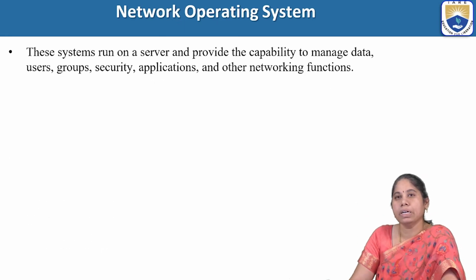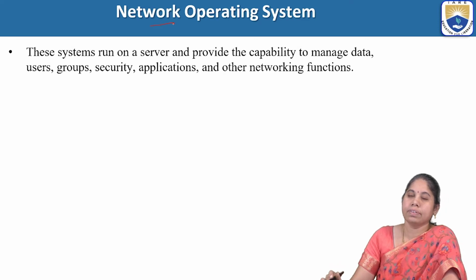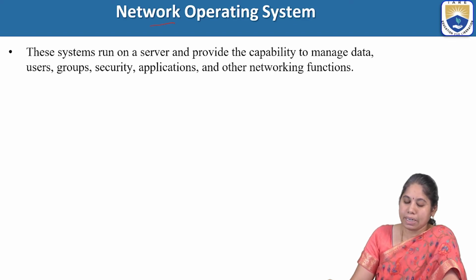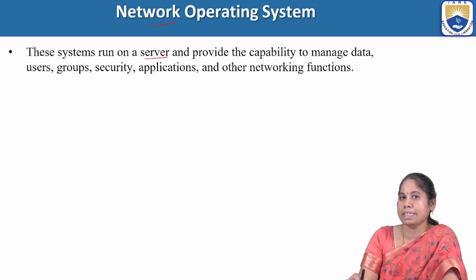Now come to the network operating system, another type of operating system. In these systems, you have to follow a client server architecture. These systems run on a server and provide the capability to manage data, users, groups, security, applications and other networking functions.